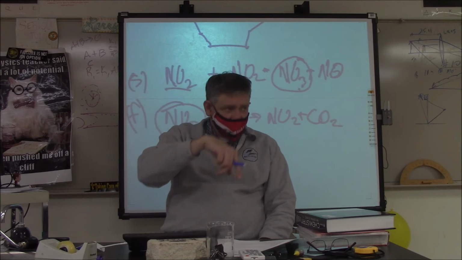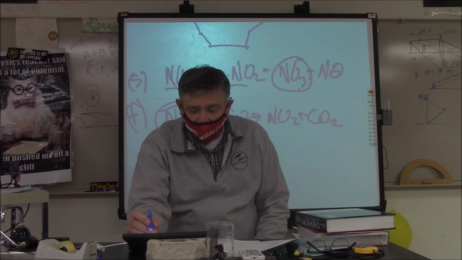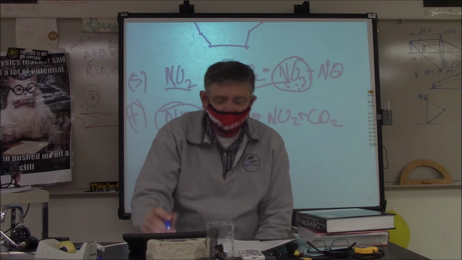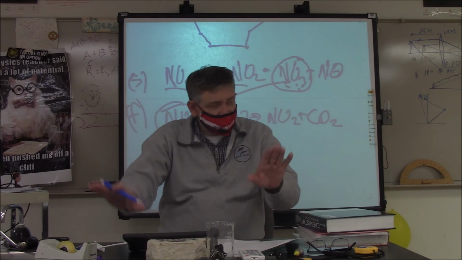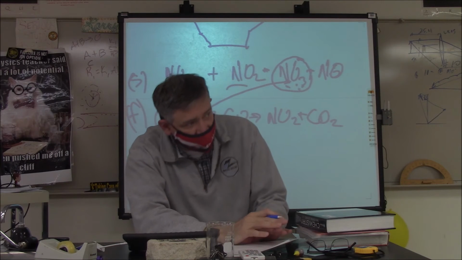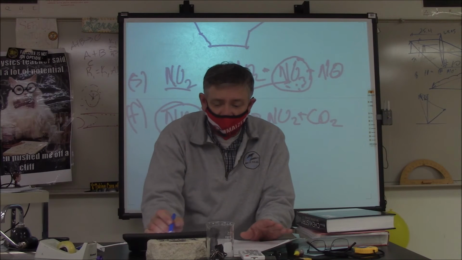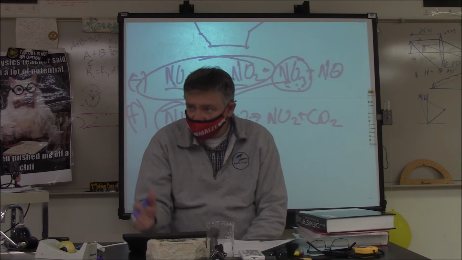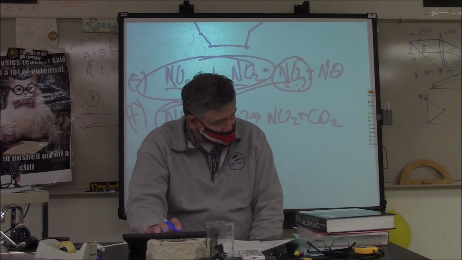I'm going to make it, but because this is the fast step, as soon as it gets made here, it's going to get consumed in the next step. So even though this is my slow step, I'm going to make some NO3, but then I'm going to consume it as soon as I can. But this is going to be my slow step. What that means is that my slow step is going to be based upon the concentration of these NO2 molecules. So the NO3 is what we call an intermediate.